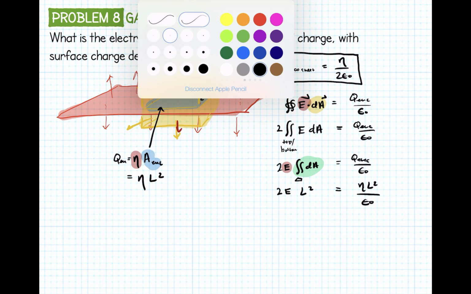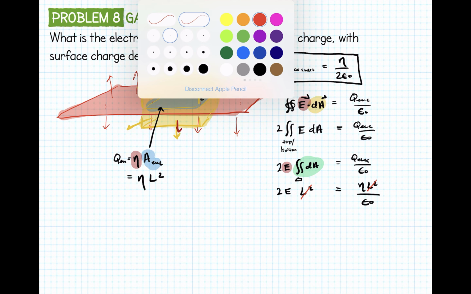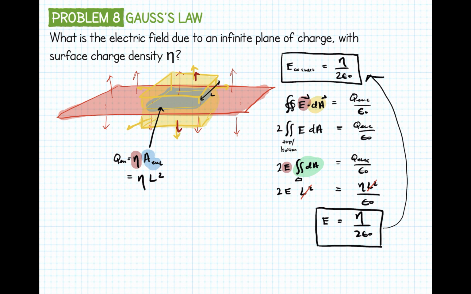You can see it's good since it's infinite, you can cancel the L squareds, so it doesn't matter how big or small of a box you choose, you end up with the same thing no matter what, because these L squareds are always going to be the same. And this gives you E equals eta over 2 epsilon naught, which is what we were expecting for the infinite sheet from our original calculation that we used Coulomb's law for.